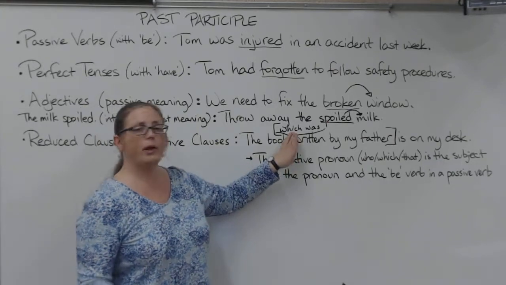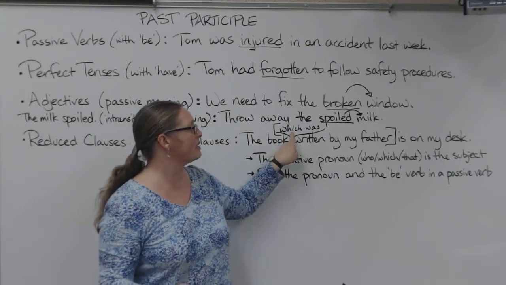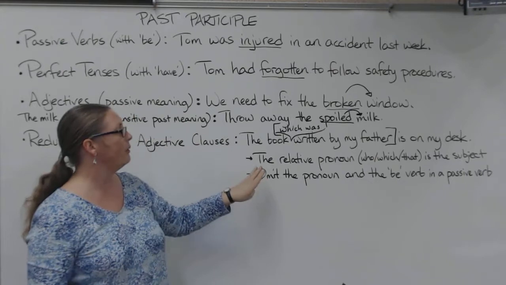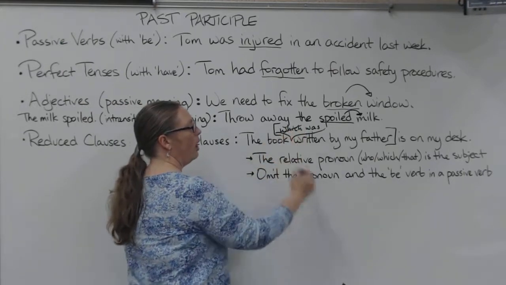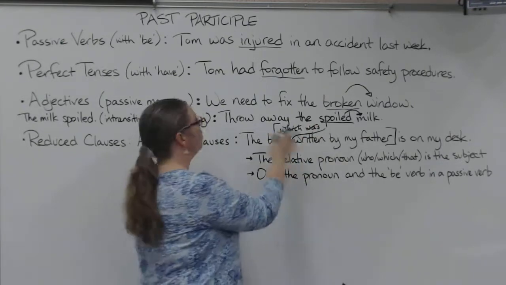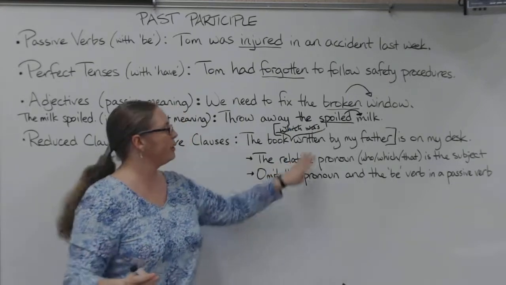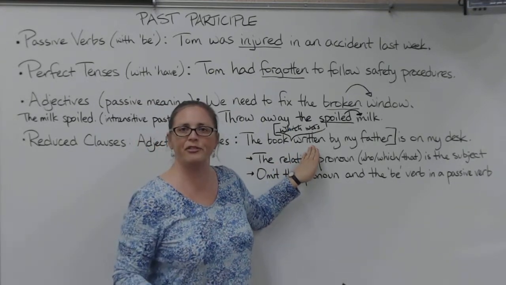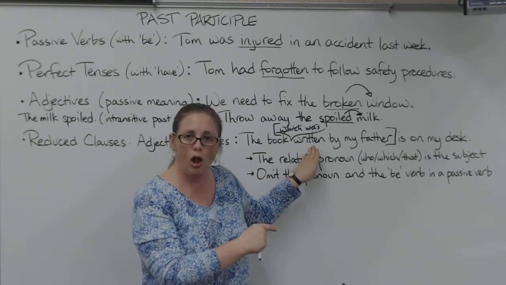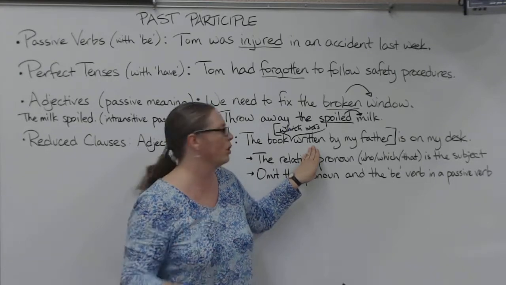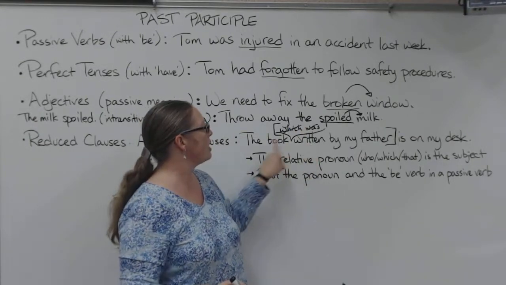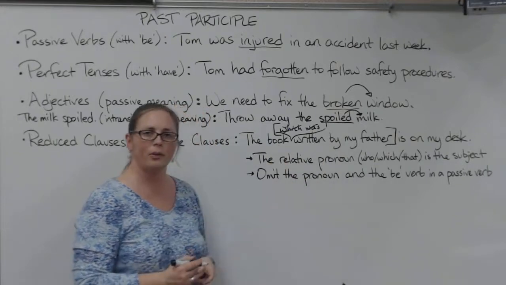If the relative pronoun, who, which, or that, is the subject of the adjective clause, you can omit the pronoun, omit the be verb, and if the verb is passive, so again, passive meaning, what's left? The past participle, that's what's left. So this is now at the beginning of the reduced clause, which is now called a phrase, but don't worry about that. It's at the beginning of this, you took out the other things. And you say, the book written by my father, describing the book.